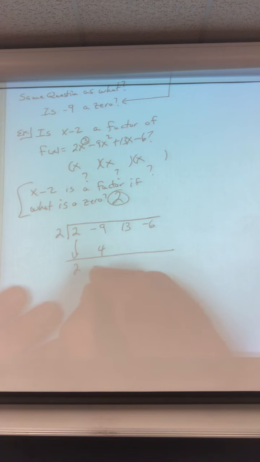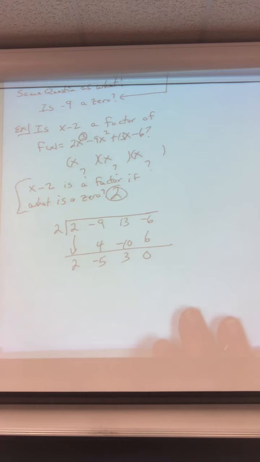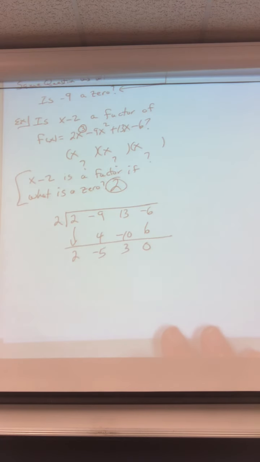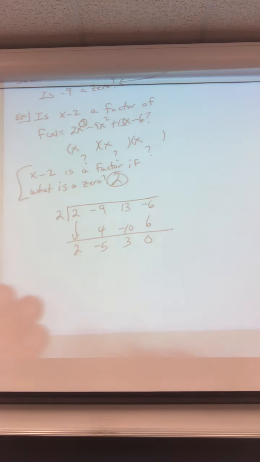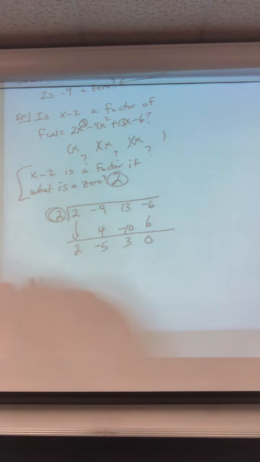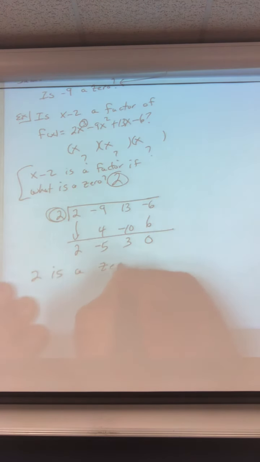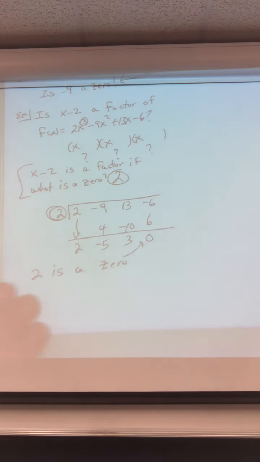Negative 9 plus 4 is negative 5. 2 times negative 5 is negative 10. 13 minus 10 is 3. 2 times 3 is 6. Negative 6 plus 6 is 0. So, what does this tell me? 2 is a 0 because you got a remainder of 0.